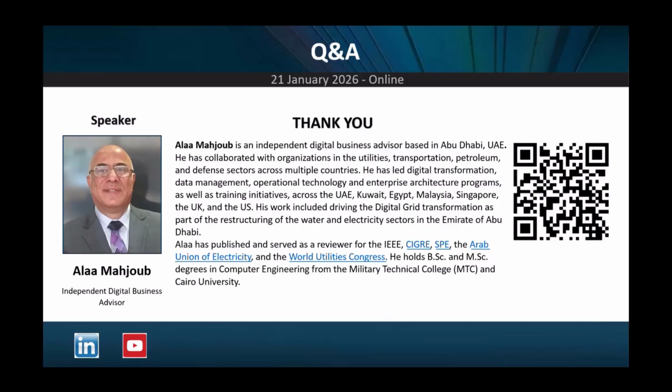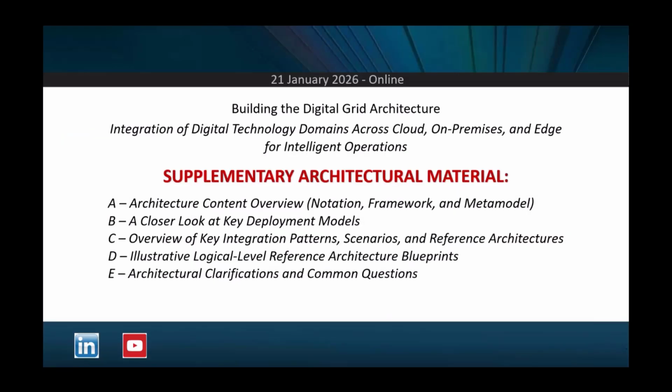And this was the last slide of my presentation. And actually, the slide deck includes supplementary architectural material. And I will leave the full deck with Jimmy and Susan for your reference. Over to you.